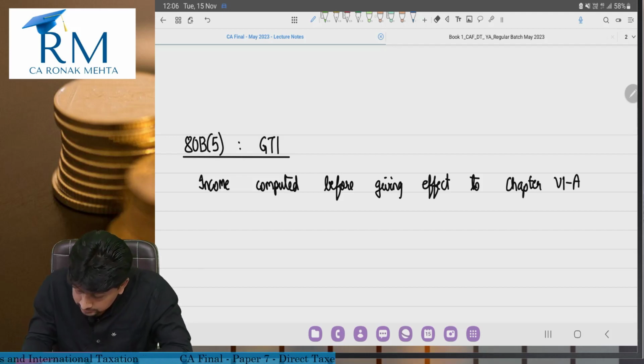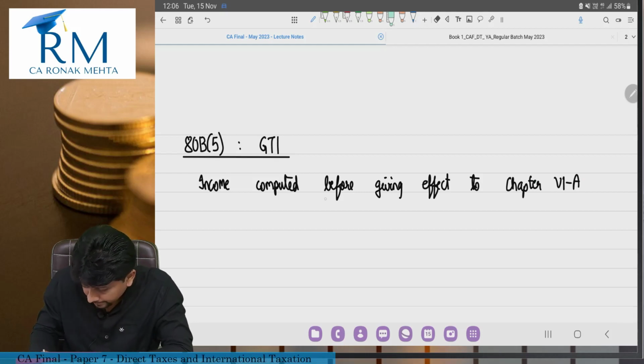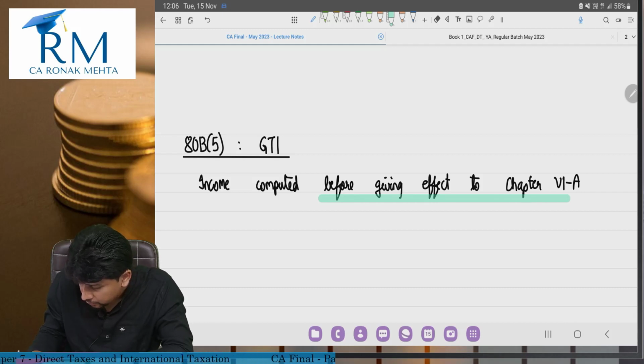Now the reason I wrote this is I want a student to understand this interpretation. Before giving effect to chapter 6A.